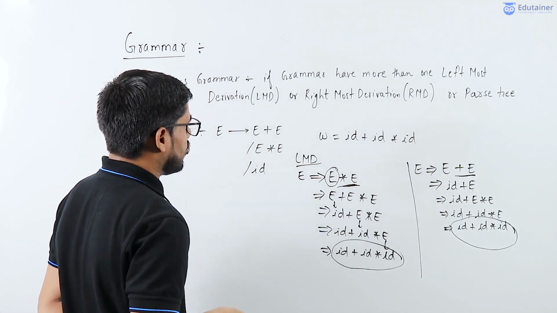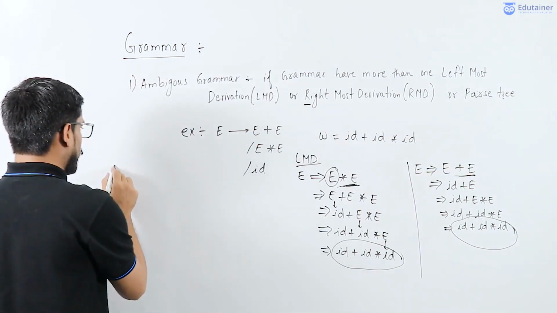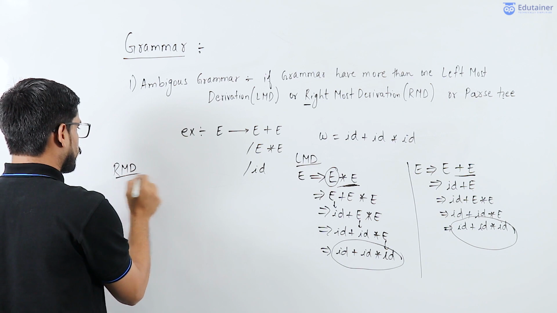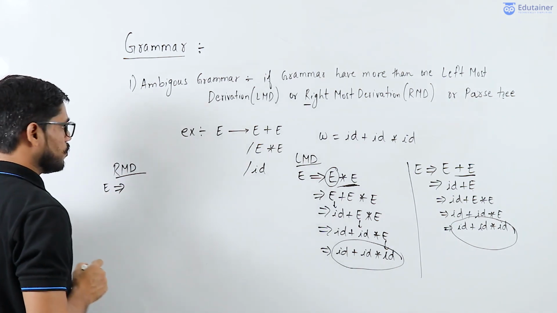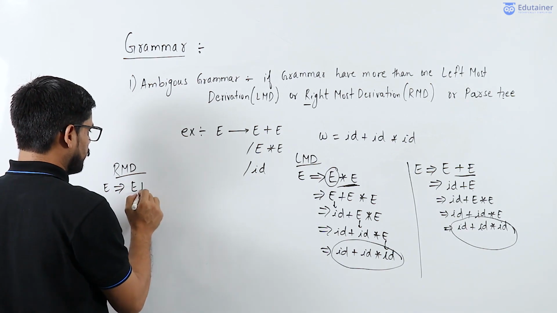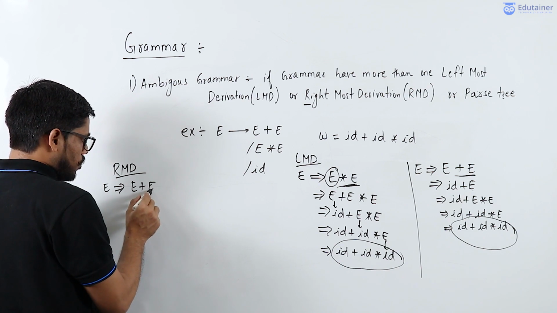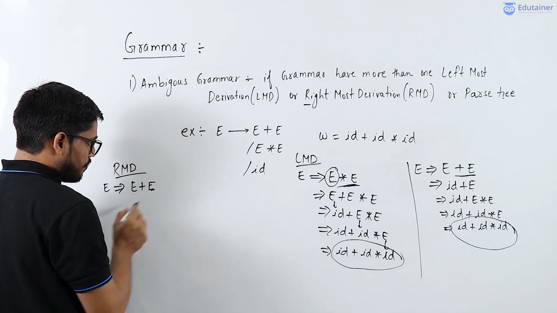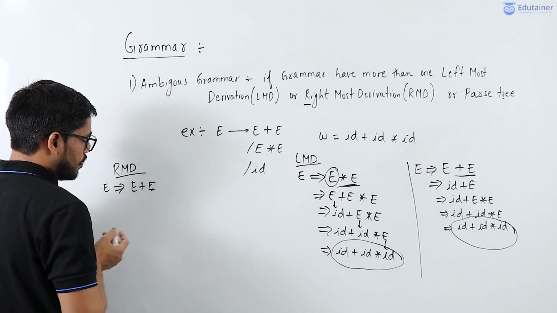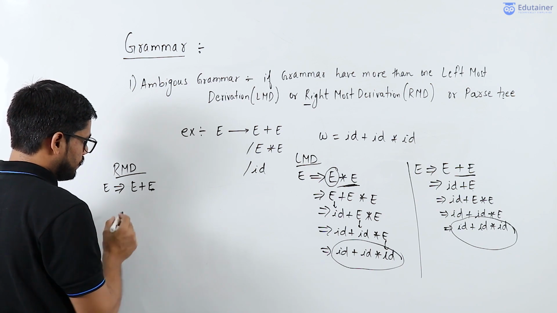Let's check for rightmost derivation also, and the parse tree also. So according to rightmost derivation, first I will use the production E plus E. In rightmost derivation, you replace the rightmost variable in the right hand side using other terminals or other productions.